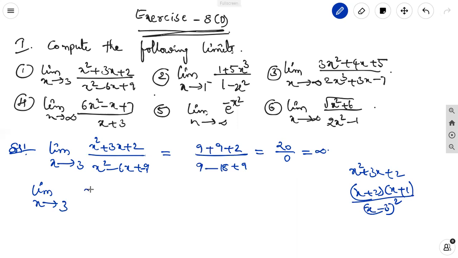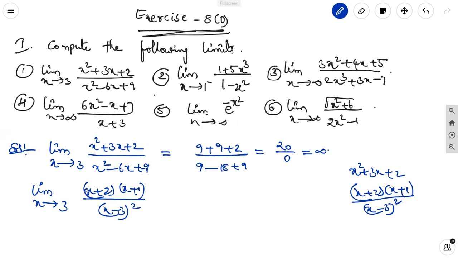So it is x plus 2 into x plus 1 by x minus 3 whole square. There is no suitable form like e power x minus 1, sin x, cos x, tan x. Those are not suitable, just functions they have given. So immediately we can apply the substitution of x equal to 3 only.